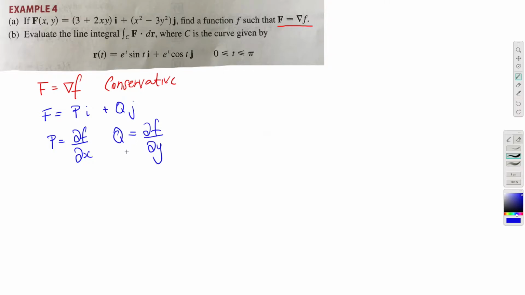Now, if we want to verify that this equals this, how do we do that? We take another derivative of f, but now with respect to the opposite variable.